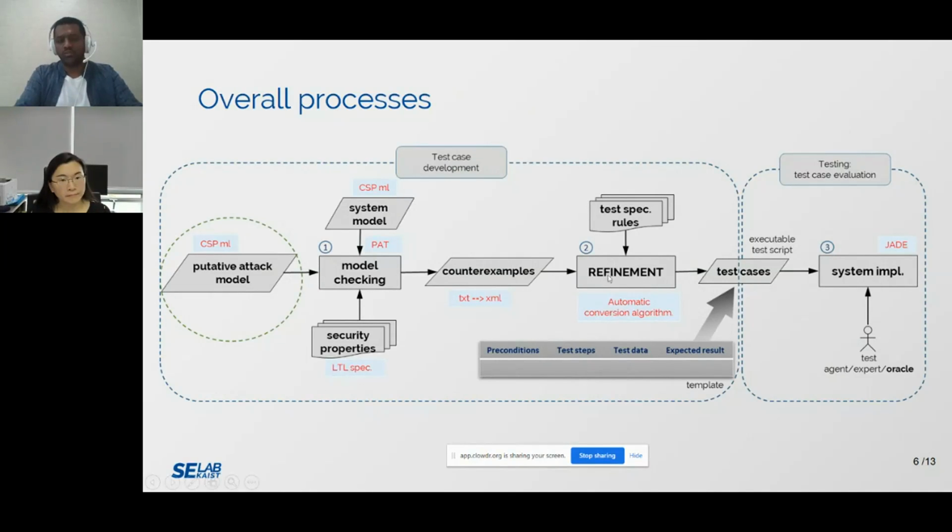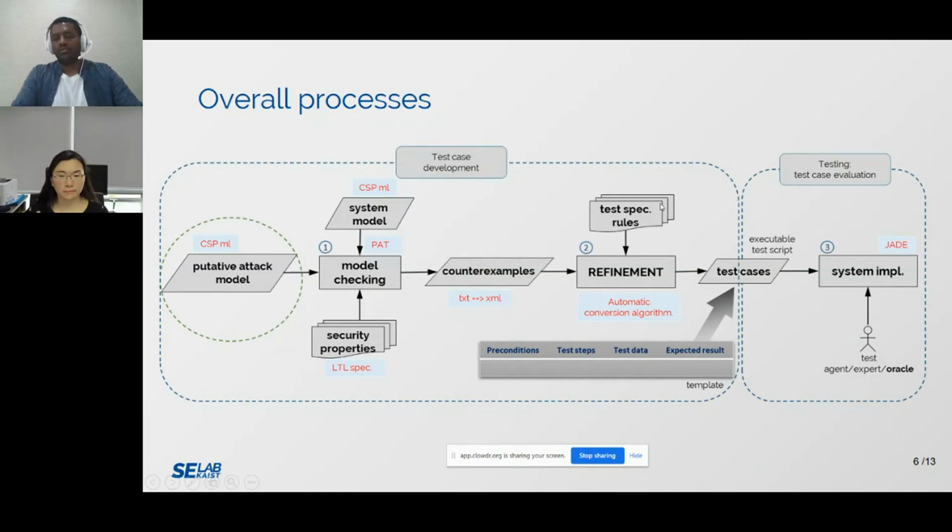We devised an algorithm to trace the counterexamples in order to identify which states contain relevant information for test case design. I will also discuss the algorithm that we have defined to convert counterexamples into test cases, because counterexamples cannot directly be used as test cases since they contain more model checking elements, including states, state transitions, and some parameters.